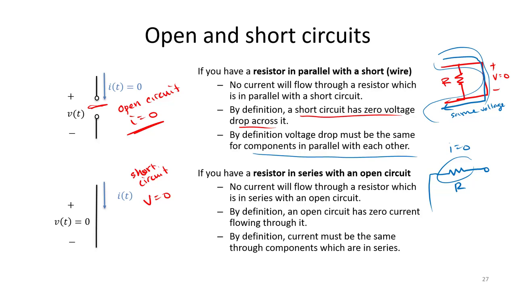And remember, if the open circuit has zero current flowing through it, then by definition, current must be the same through all the components that are in series. So definitely watch out for open and short circuits, and make sure you can correctly recognize whether things are in series or parallel, and in series or parallel with opens and shorts.